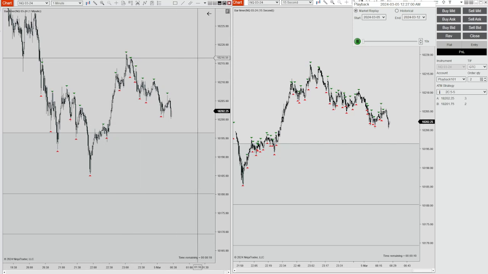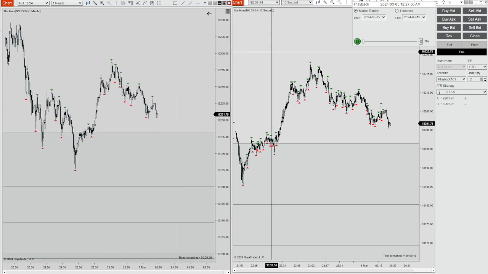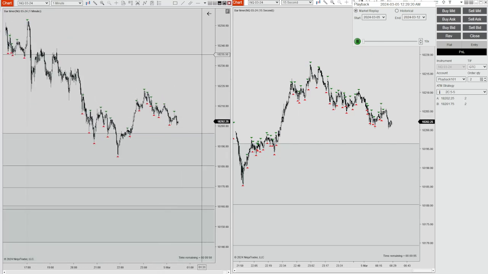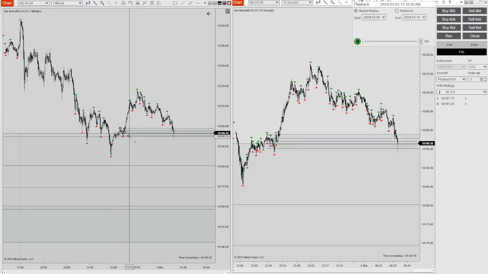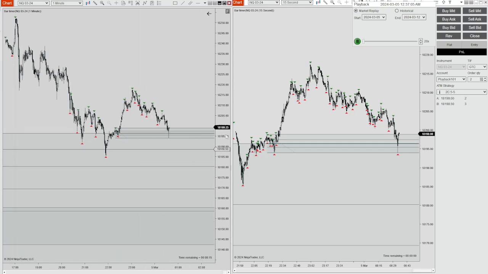Let's see. All right, we'll expect that to hold if we're going to go up.